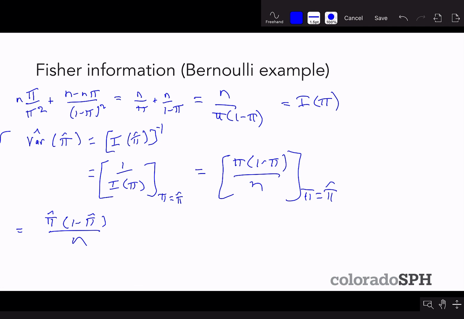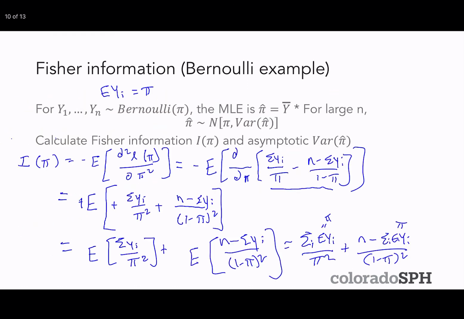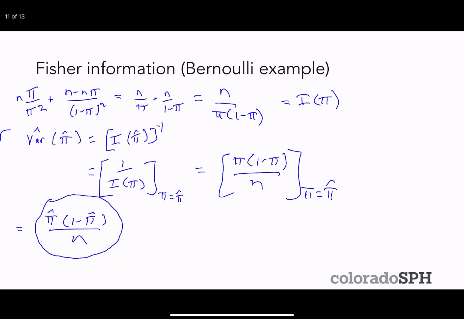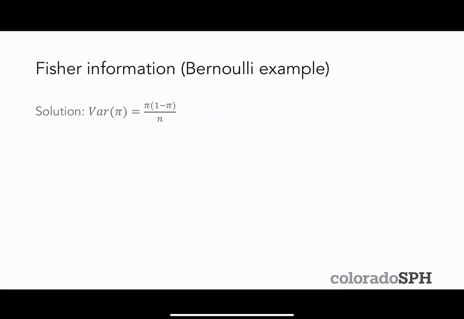And so there is your asymptotic variance calculation for the Bernoulli distribution based on the expected Fisher information. And as you can see, this variance quantity will get smaller as n increases, as the sample size gets larger.